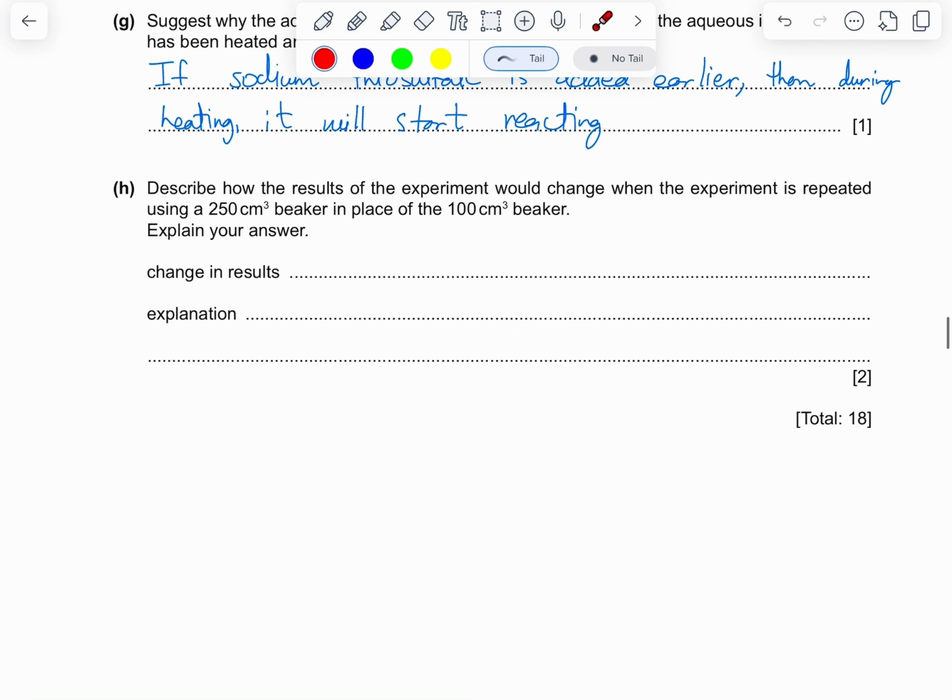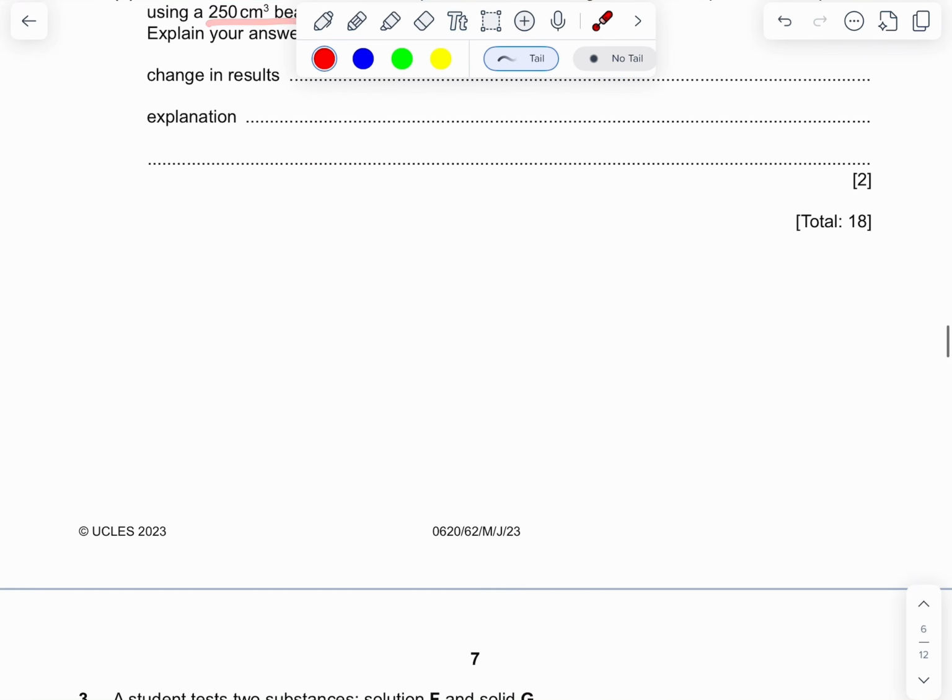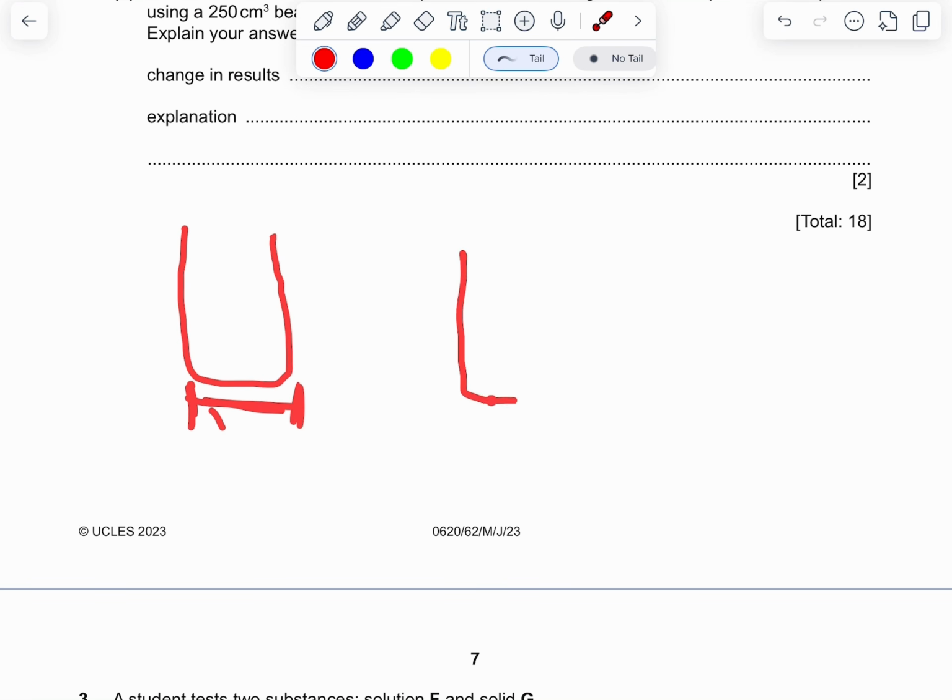Beta, if we are using a 250 cm³ beaker, you should know that a 100 cm³ beaker is not as fat, it doesn't have that much width, but a 250 cm³ beaker is definitely going to have more width. Now the reaction is based upon your visibility.